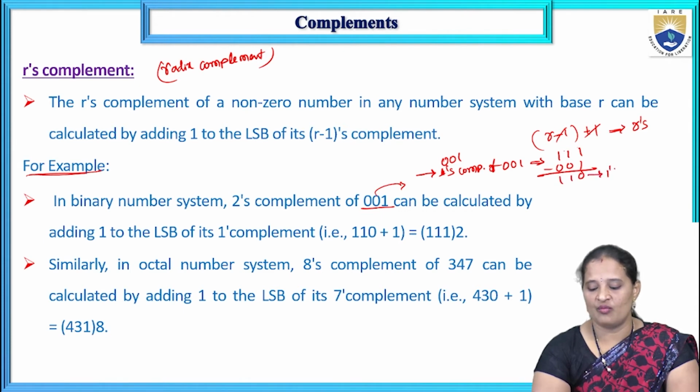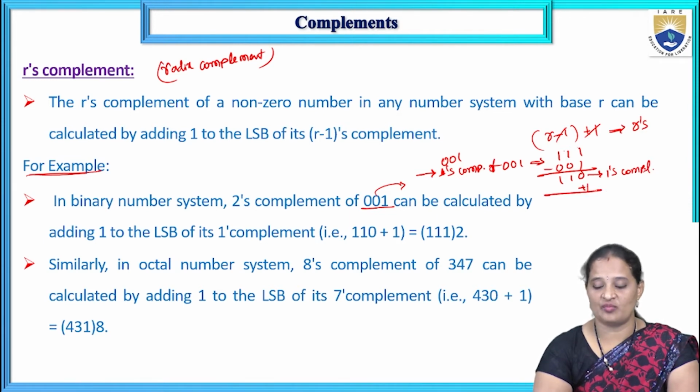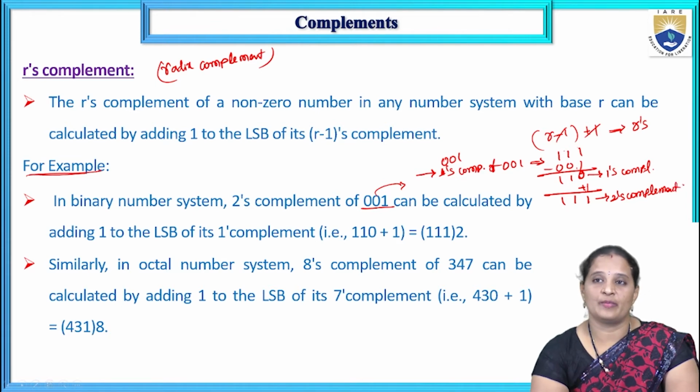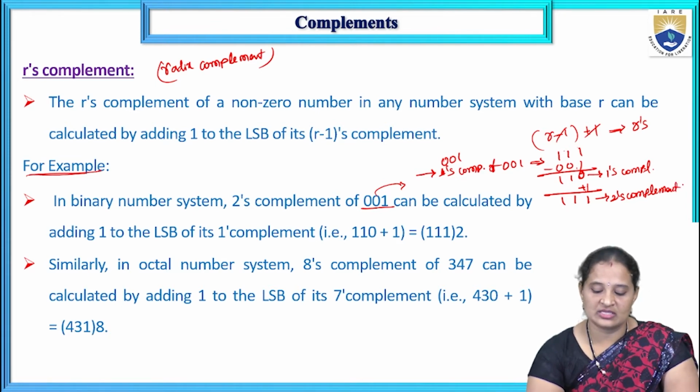So this is the 1's complement. Now after getting the 1's complement, add 1 to the LSB of the 1's complement. So LSB, this is the least significant bit. I am adding 1. So 0 plus 1 is 1, and it is 1, 1, 1. So this is the 2's complement of the given binary number. Okay, so this is about the R's complement.